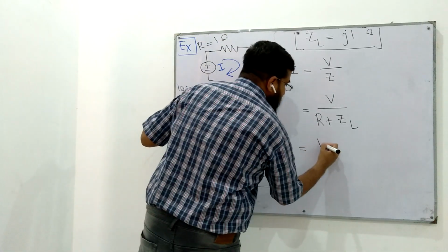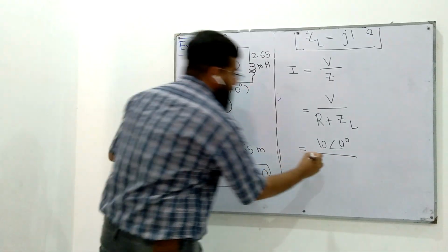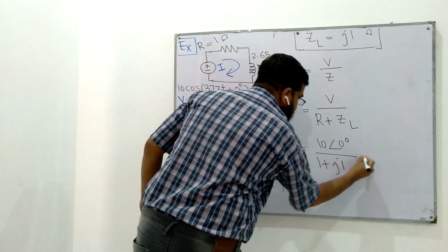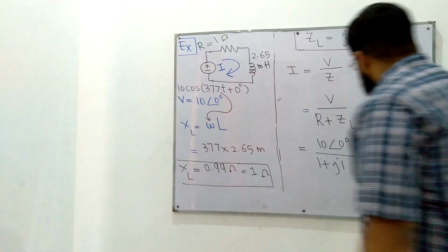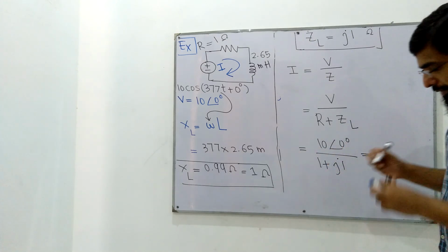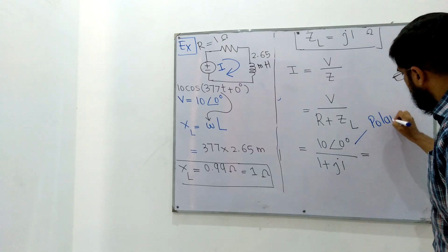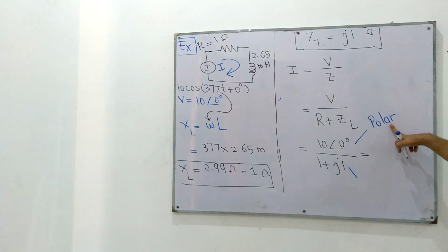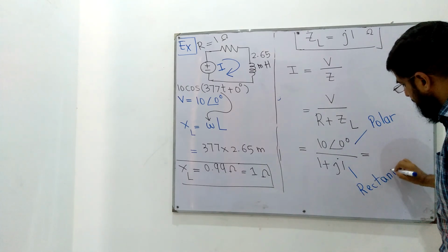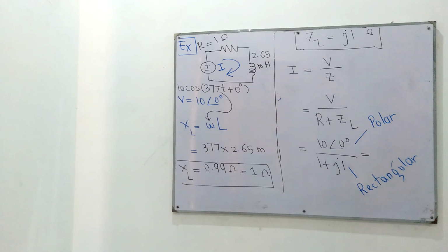V is 10 at an angle of 0 divided by R, which is 1, plus ZL, which is j1. So now we have the numerator in polar form and the denominator in rectangular form. Both are complex numbers, one represented in polar form and the other in rectangular form.